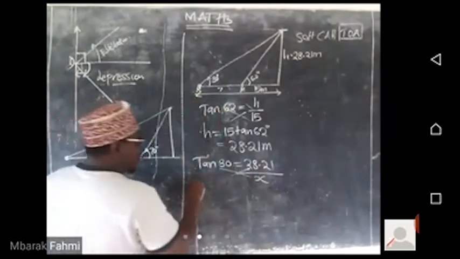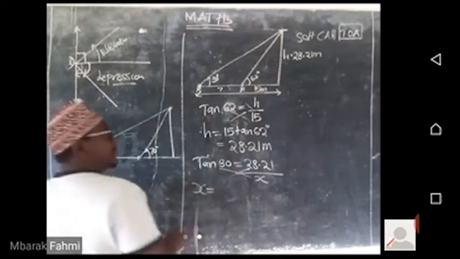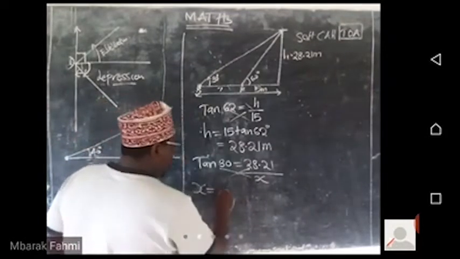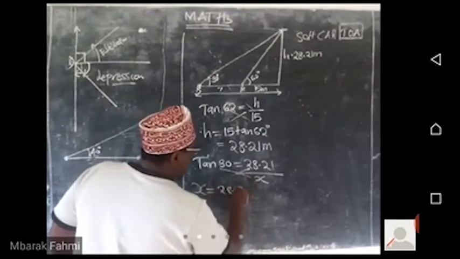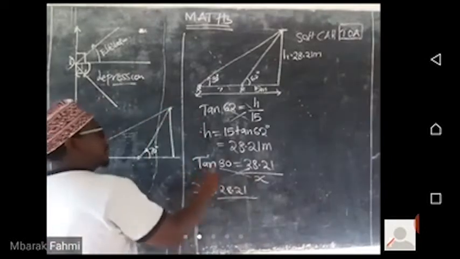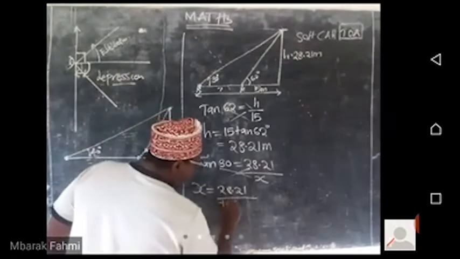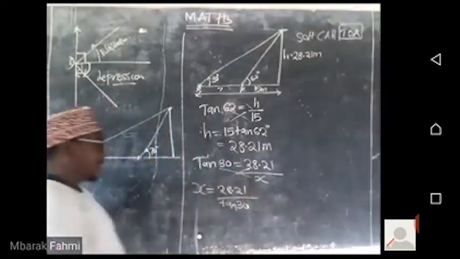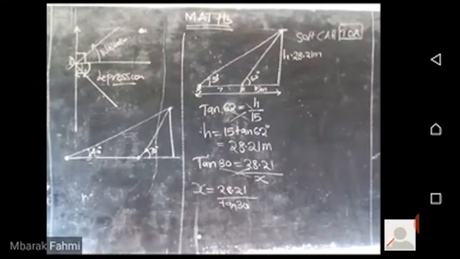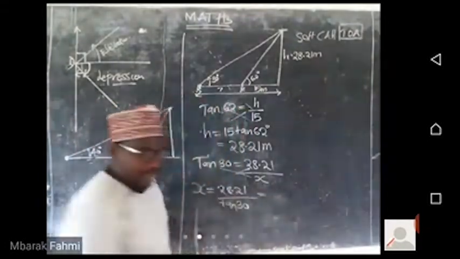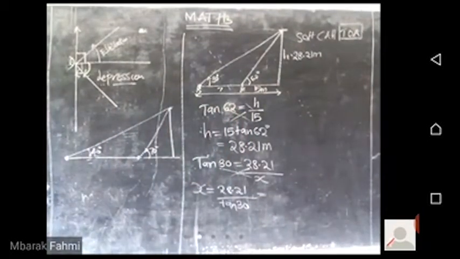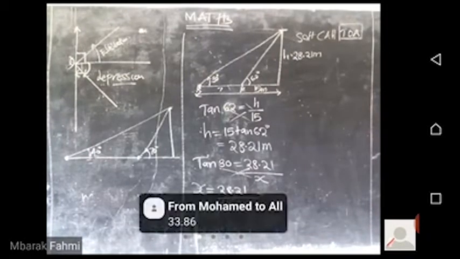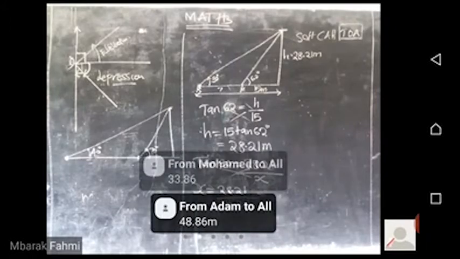So to get x will be the same as 28.21 divided by tan 30. Always you divide by whatever is missing. So can you get me the result of that? 28.21 divided by tan 30.